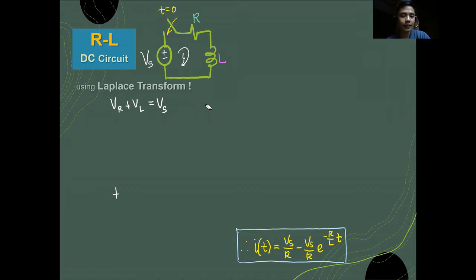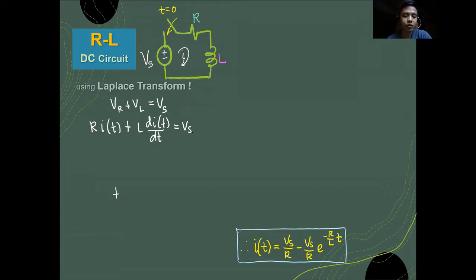Now we replace all the voltages with the respective currents, because current is common to all of them, and we only have one equation. If you have one equation and one unknown, which is current, then we can solve the problem. That's a very basic thing: one variable and one equation, you can solve the variable.